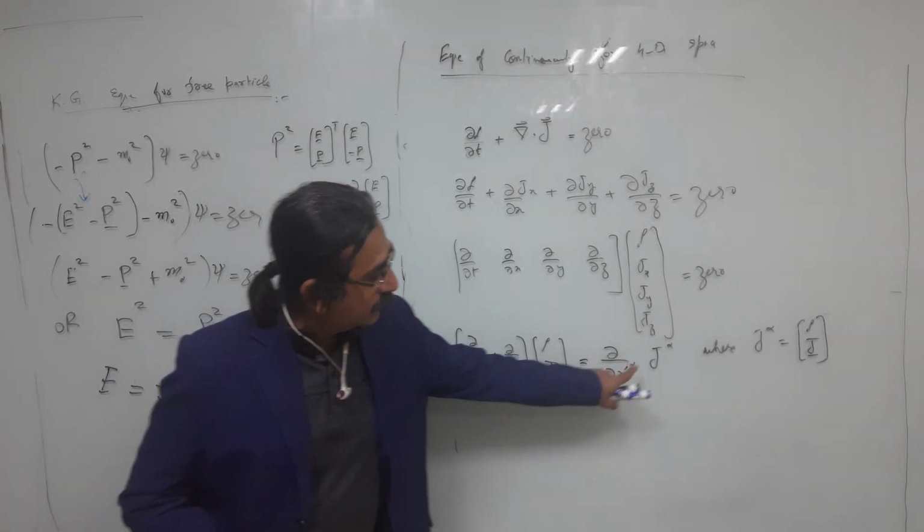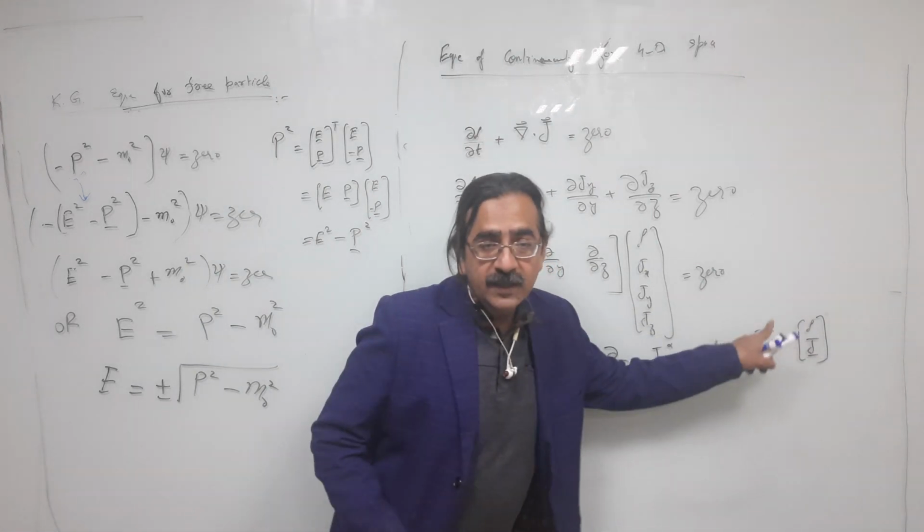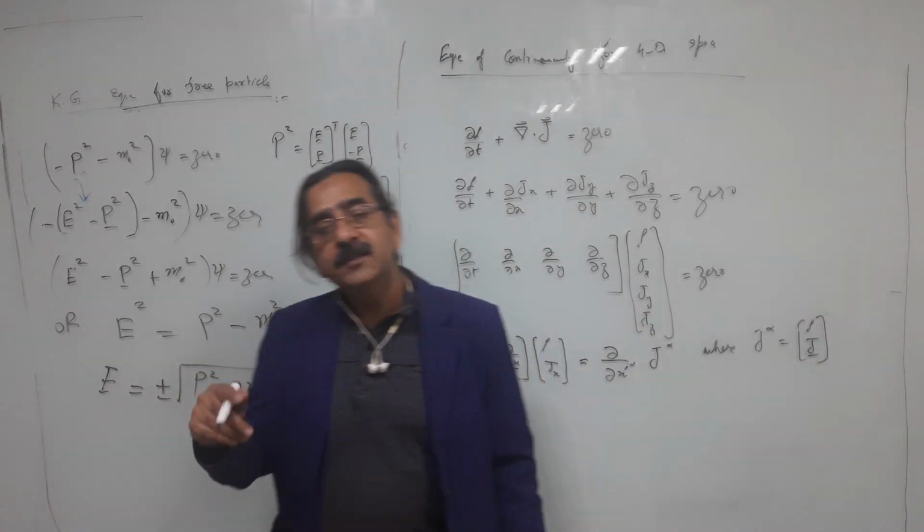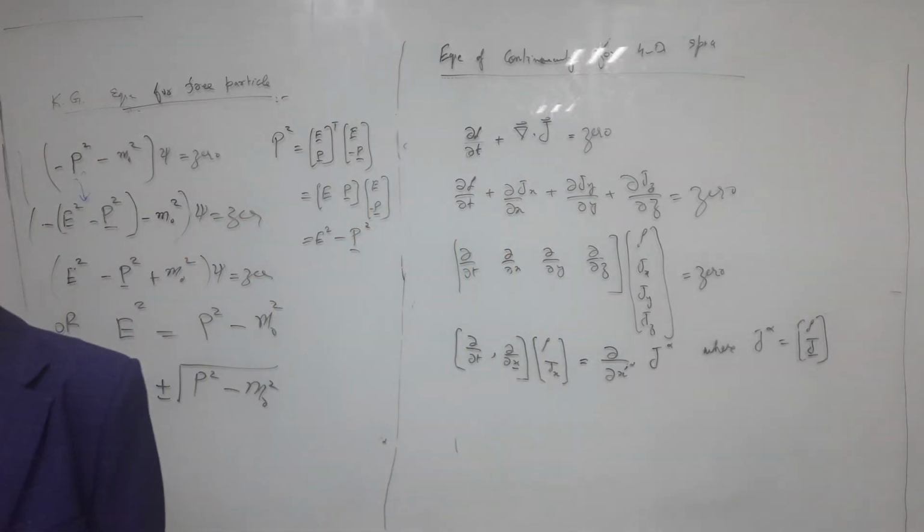I think J naught is rho, and Jx, Jy, Jz is J.